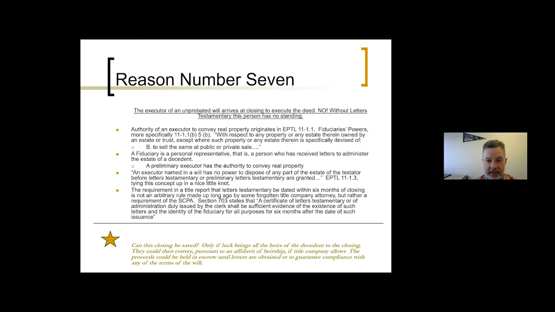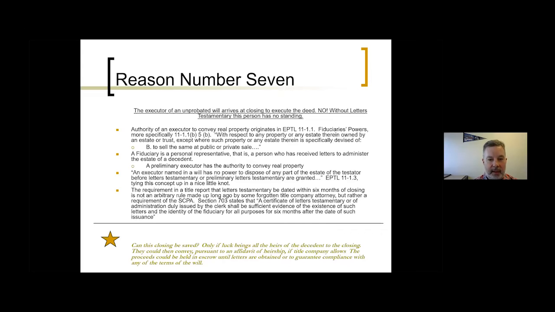It says basically if they're more than 6 months old, they're stale. So we are going to look for updated letters when they're not within 6 months. Don't wait till the last minute. Obviously, with COVID and everything, I wouldn't wait till the closing date to make sure you have letters that are issued within 6 months.